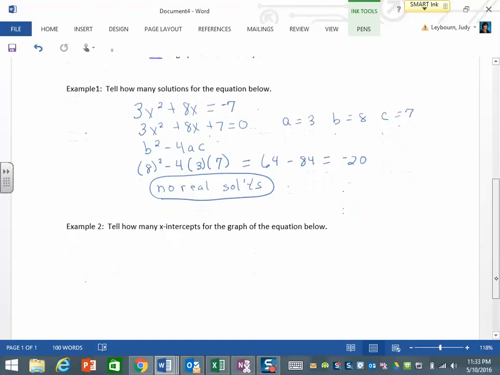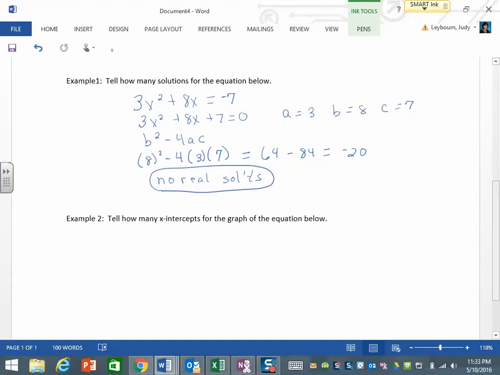In the next example, it says tell how many x-intercepts for the graph of the equation below. And my equation is going to be y is equal to x squared minus 9x. So notice when I have solutions for the equation, I have no y in the problem. But when I'm graphing, of course I need an x and a y. And so we're looking for the x-intercepts.